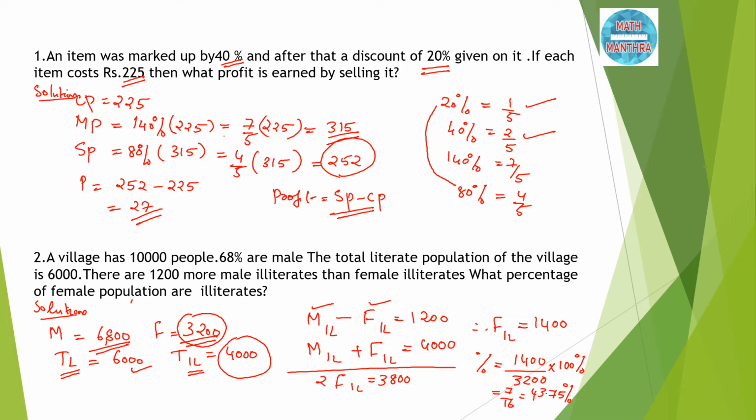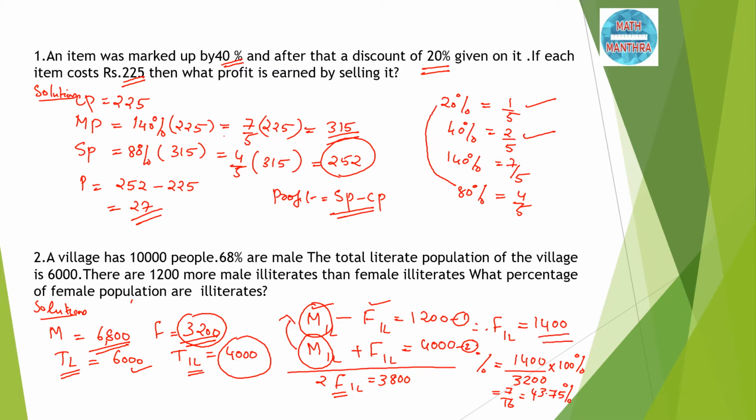So from that we can arrive at two equations like this. And taking the difference, because we don't want male category of illiterates, we are concentrating on the female. So just take the difference of these two expressions. Difference is 1,200, sum is 4,000. So taking the difference, you can find out female illiterate population, which is 1,400.